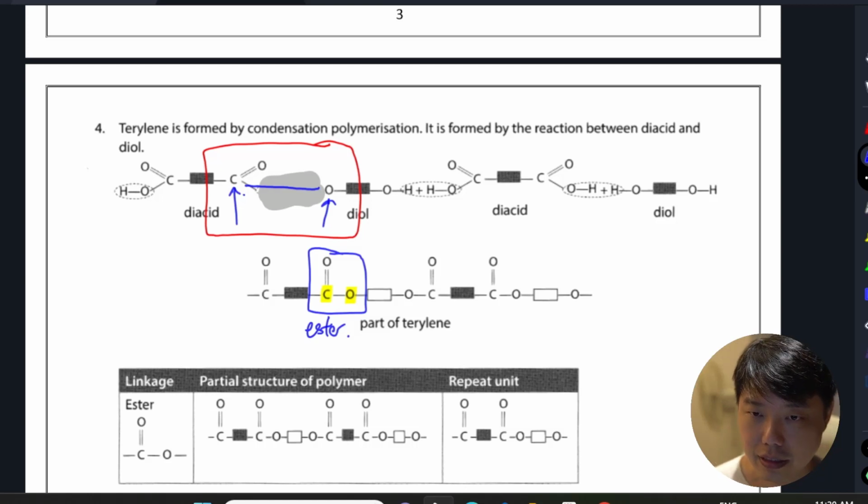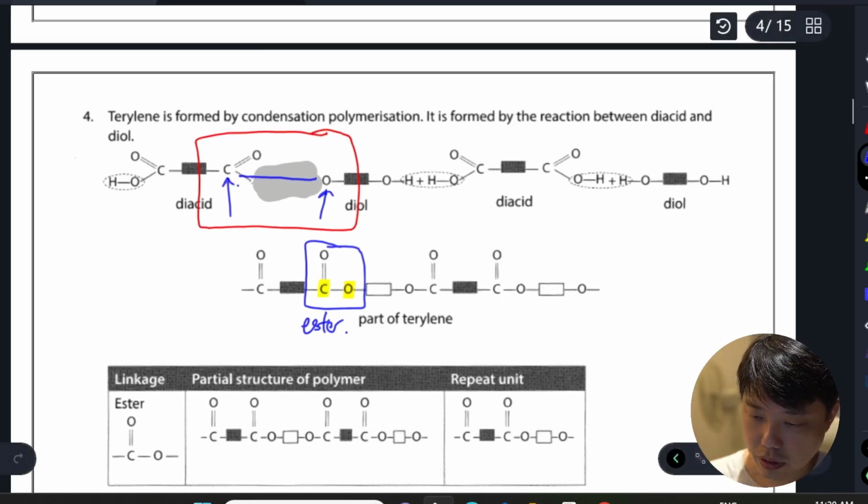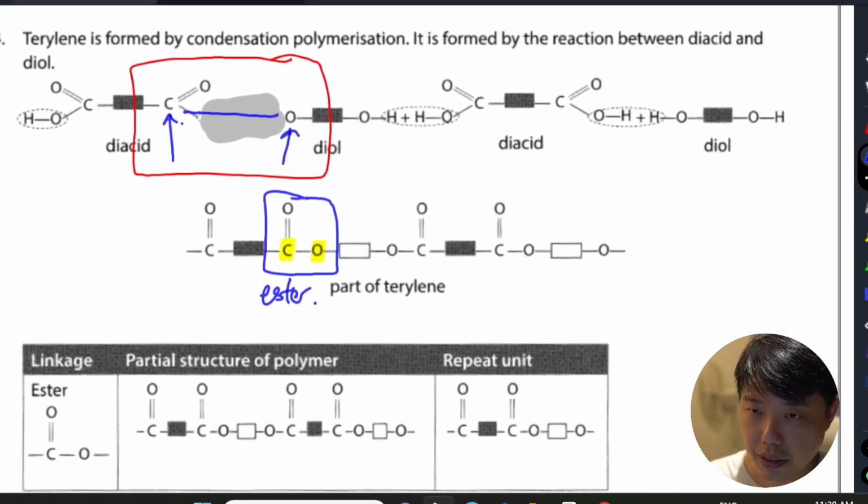And if the question asks you to get back the structure of the diacid and the diol from the ester polymer, the polyester, you're going to do the reverse. So let me use this ester linkage on the right here for clarity.